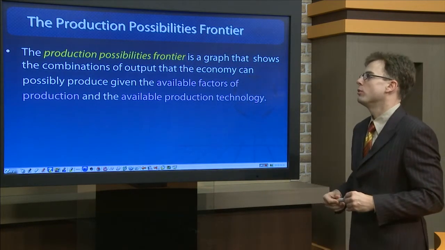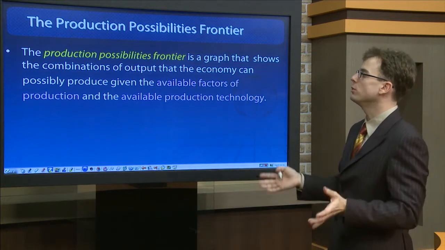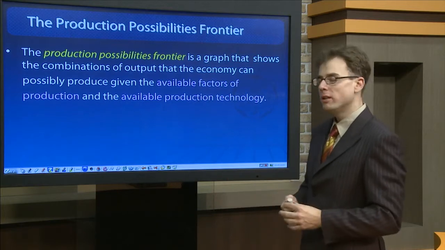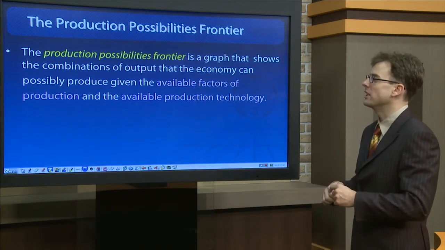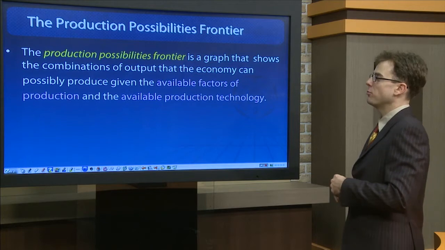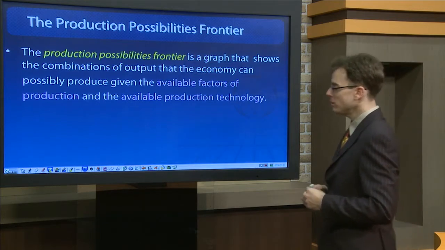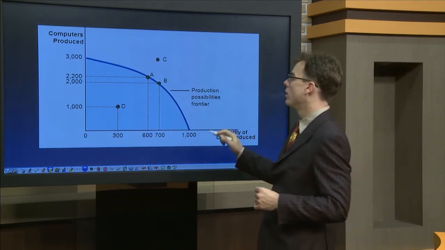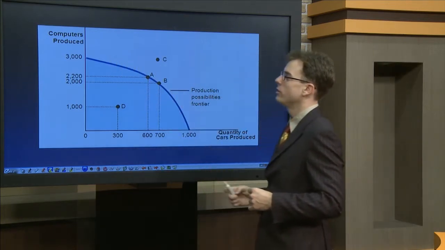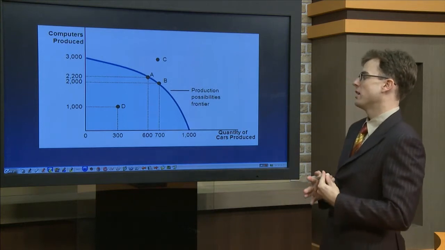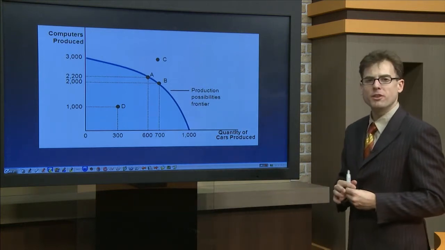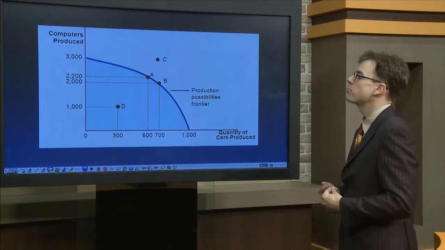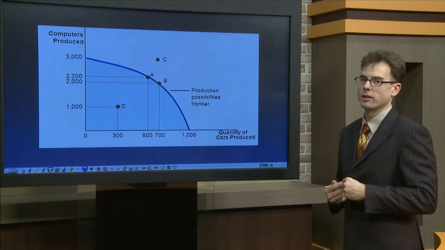Another model, which is very useful in describing properties in the real markets, is the production possibilities frontier. This graph shows how much output of several commodities can be produced in the economy with a given amount of inputs, factors of production, and the available technology.